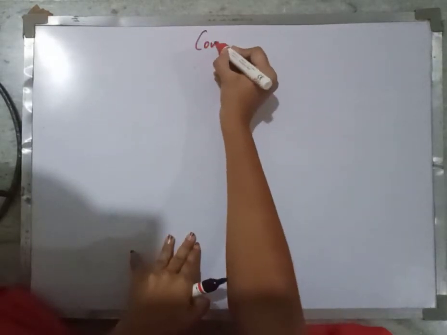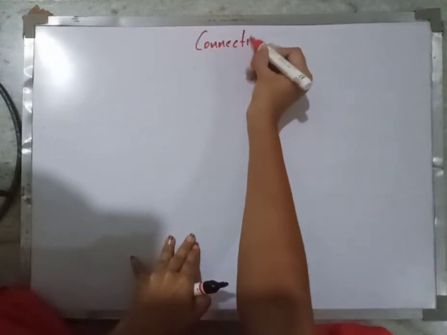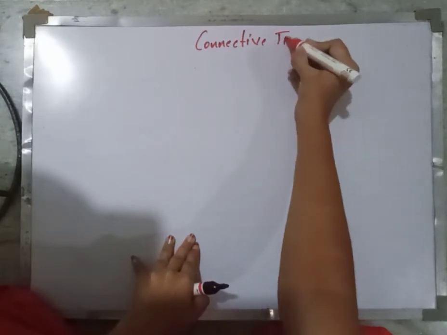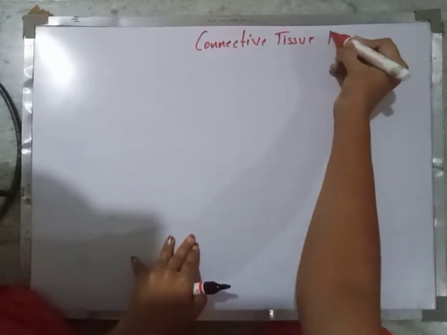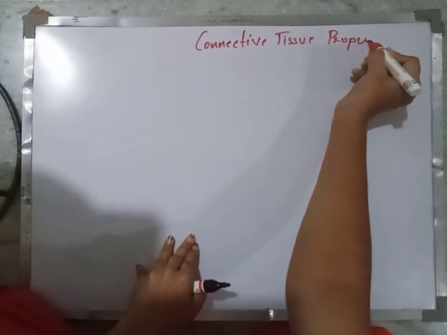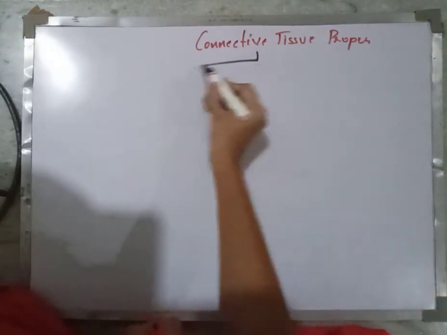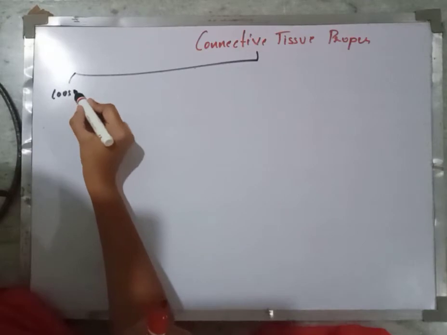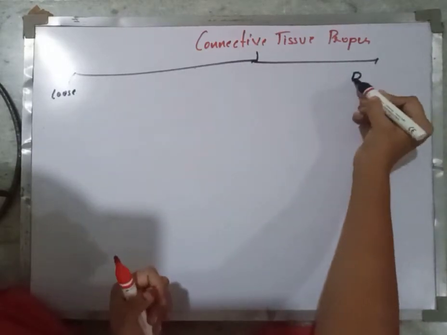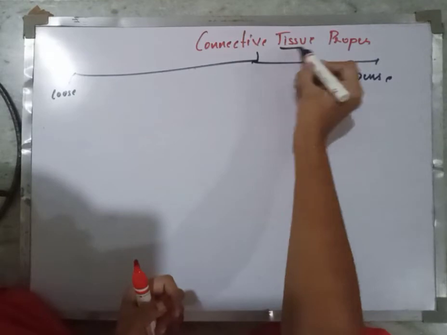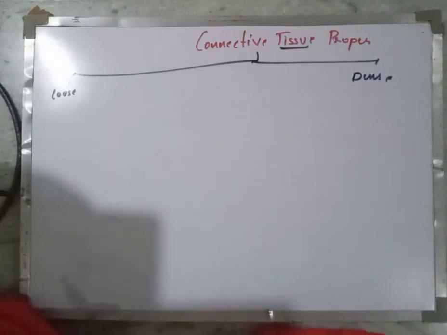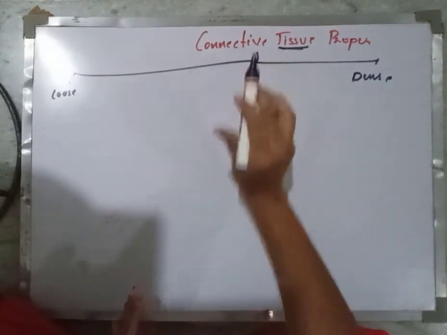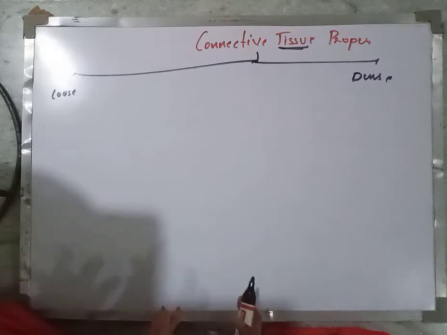So the first tissue is connective tissue proper. It is further classified into loose connective tissue and dense connective tissue. As I said in the previous video, tissue means a group of cells, and here in connective tissue, in addition to cells, we also have fibers, matrix and ground material.